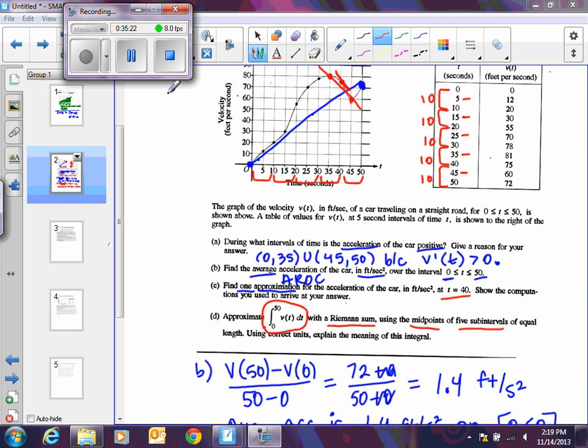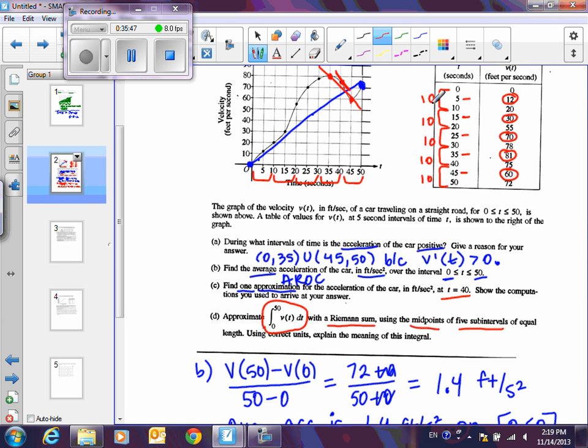Okay, if you're feeling stuck on this one, thing to do here would be to circle your midpoints. These are going to be the heights of all of your rectangles. Or if you already are doing it, you should be using those numbers. Each rectangle, one dimension is going to be 10, one dimension is going to be 12.